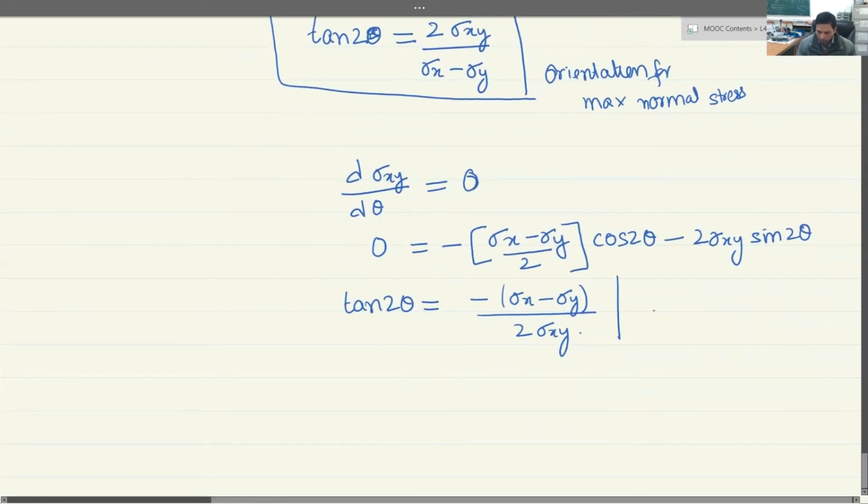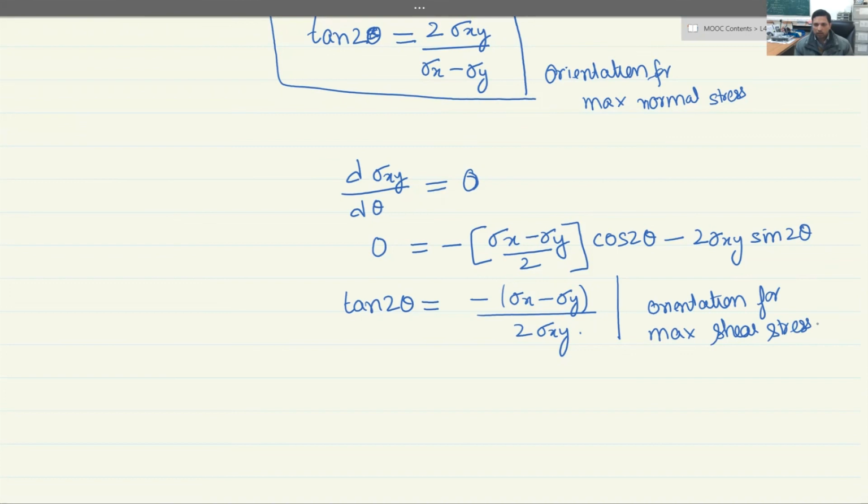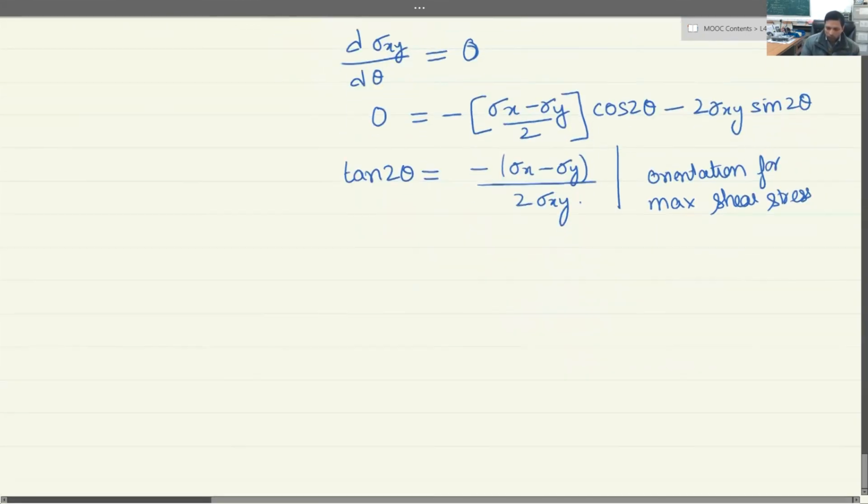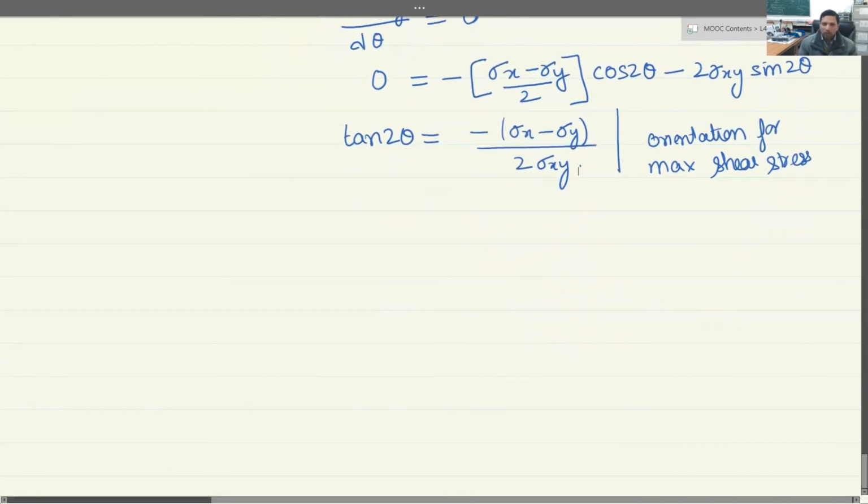And this is giving you the orientation for maximum shear stress. From these two relations, you can clearly see that the orientation for maximum normal stress and orientation for maximum shear stress would be away by 90 degrees.